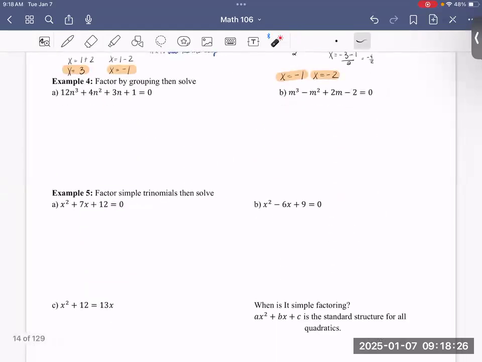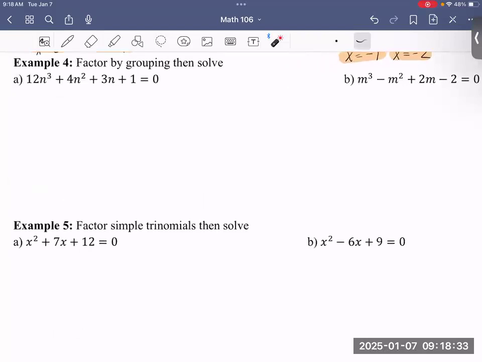Now we're going to move on to factor by grouping and solving. Now, factor by grouping is nice because it's easy to spot. You always want to look for a GCF to start, as always. But with factor by grouping, if we're supposed to group, it has to be nice and even, meaning that they need 4 terms.